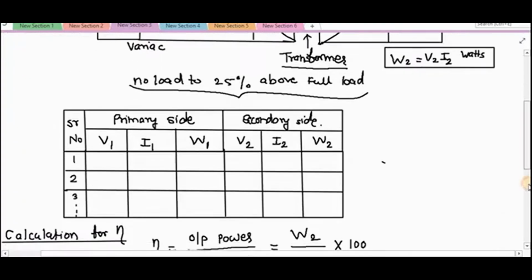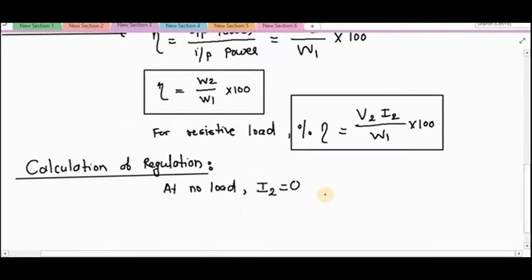Let the secondary terminal voltage be E2 at this condition. At no load, let V2 be equal to E2, which is nothing but the secondary terminal voltage at no load.